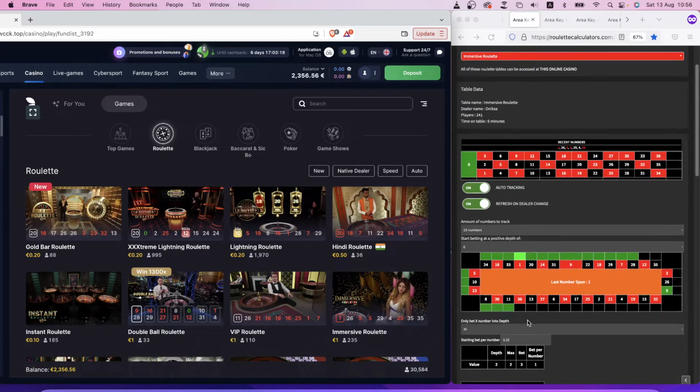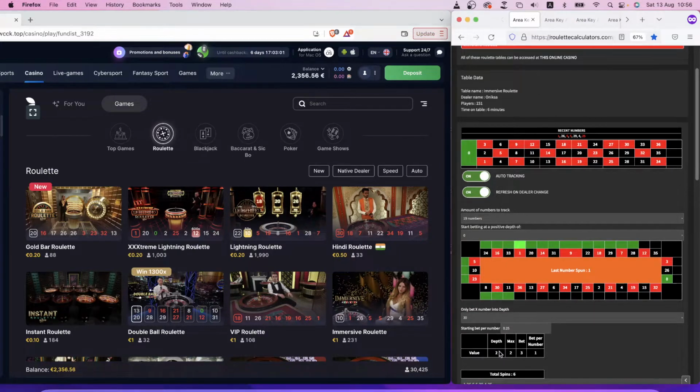The area key basically means we're tracking the 19 numbers around from where the dealer's spinning the ball from, and also tracking where it's 18 numbers on the opposite side. So what happens is if the ball lands in the unhighlighted area, the depth count here increases by 1.